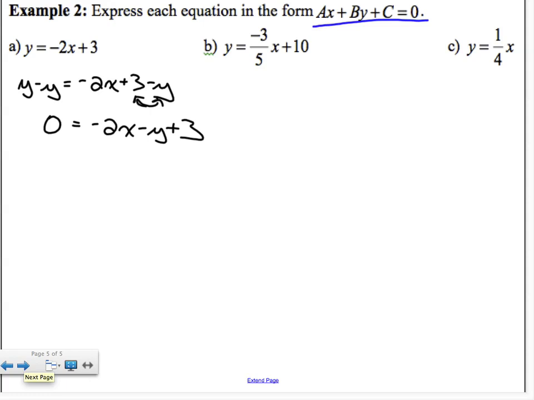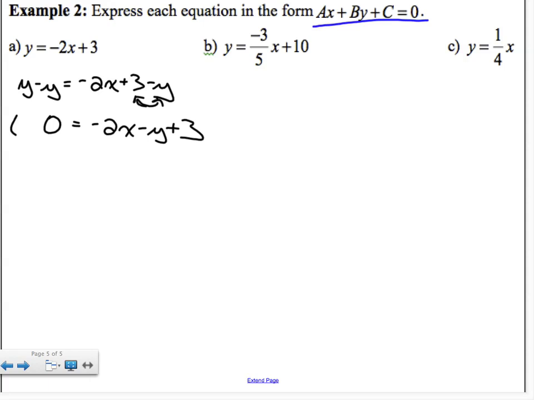Is that in standard form? Yeah, A has to be positive. So does that mean you have to multiply everything by negative? Yeah, in order to get my -2 to be positive, I need to multiply by -1, but I have to do the whole thing.